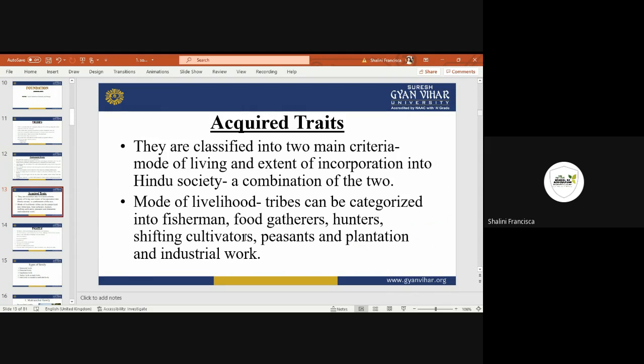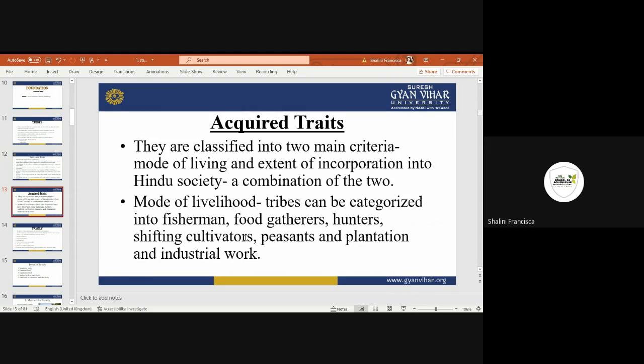They are classified into two main categories: criteria, mode of living, and extent of incorporation into Hindu society. So these traits put these tribes into the hierarchy of Hindu society by acquiring some of the traits from the Hindu upper caste, same as Sanskritization.